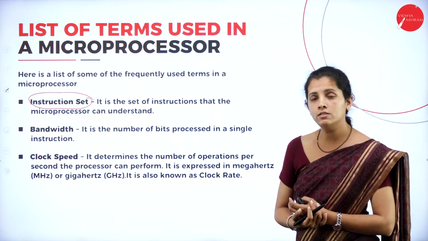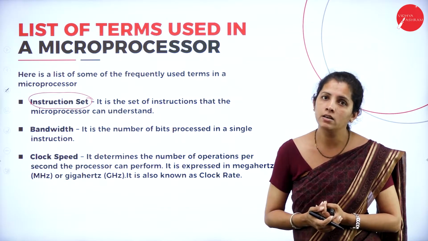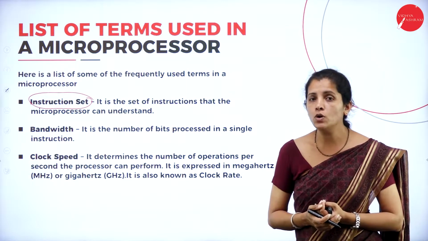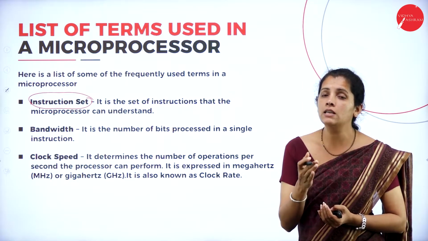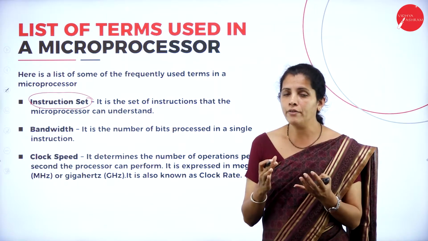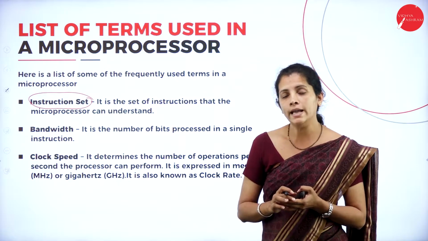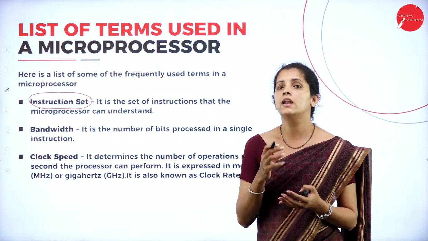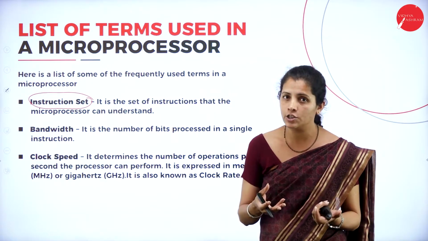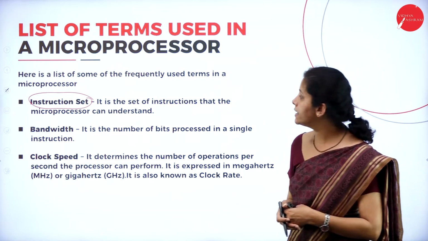Then what about instruction set? Why do I require instruction set? Because as we know, computers are dumb machines. Suppose if I want to get any work done by the computer system, then I want to provide the instruction. For that, I require instruction set.